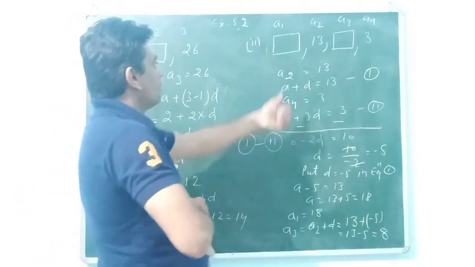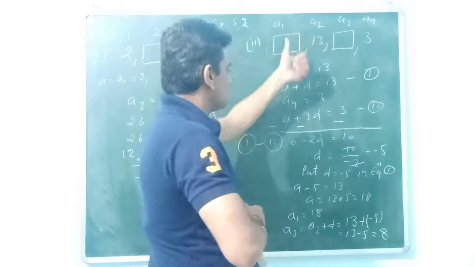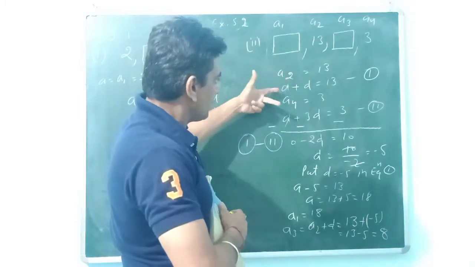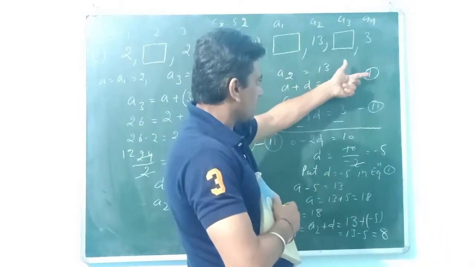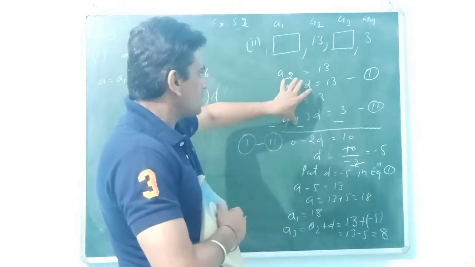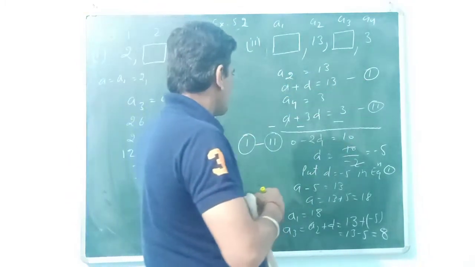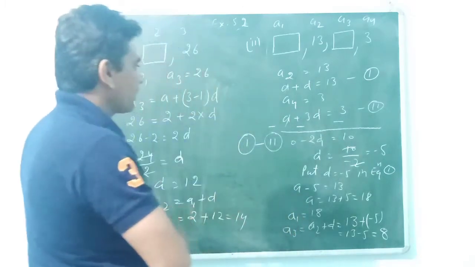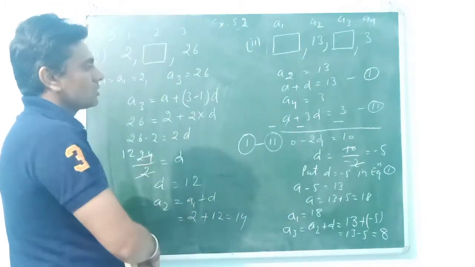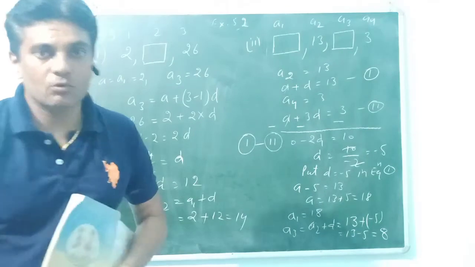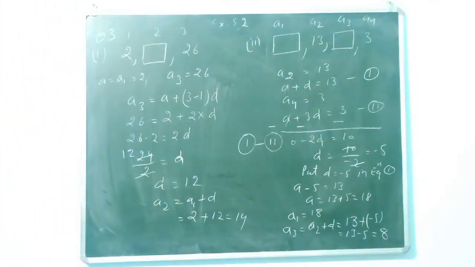So we have found the values of two boxes by solving equations 1 and 2. This is the elimination method, which is used in chapter number 3. Move to next part.